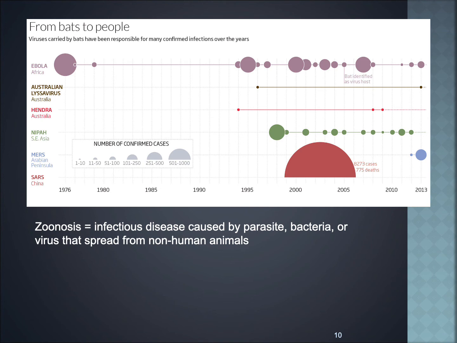So it's caused by the parasite, bacteria, etc., that spreads from non-human animals. So Ebola is an example, the Australian Lassa virus, the Hendra, the Nipah out of Southeast Asia, MERS and SARS, and of course now we also can add to our list COVID-19.